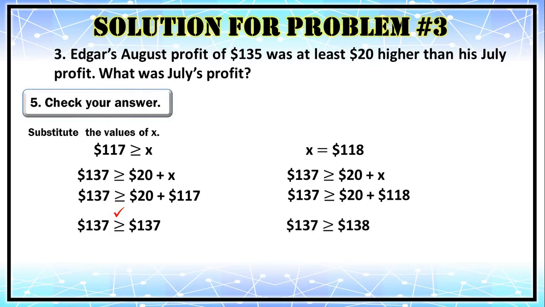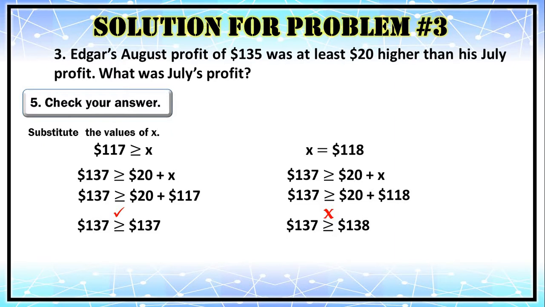That becomes 137 is greater than or equal to 138, and that is incorrect. Therefore, the value of our x can be $117 at most. It will never exceed $117.